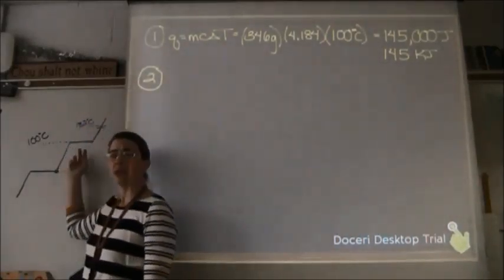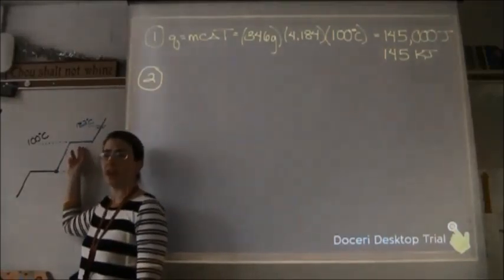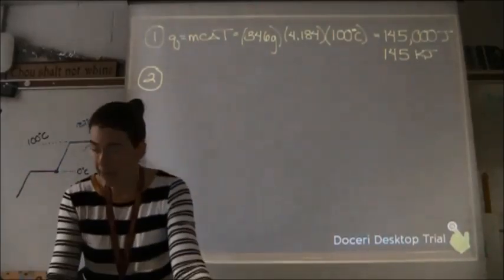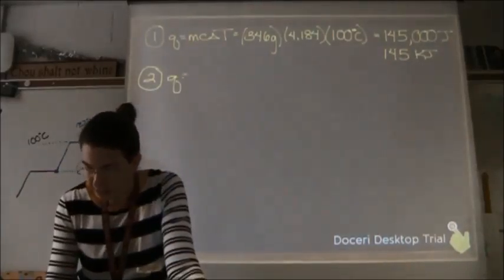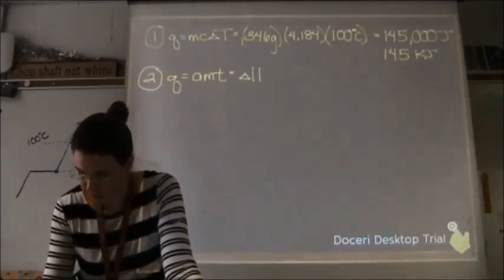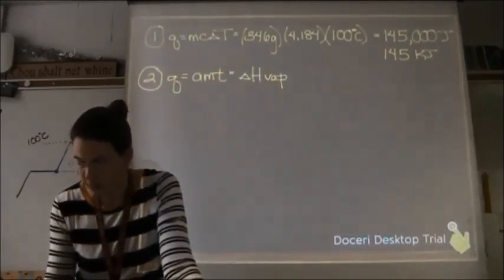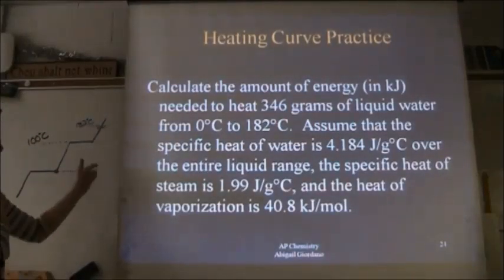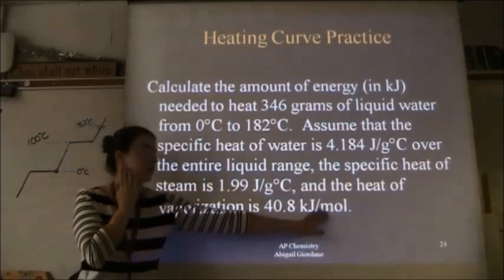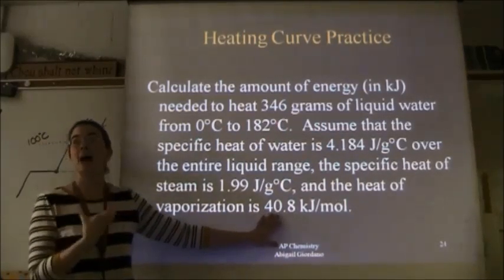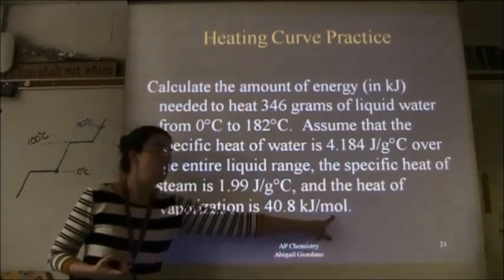What do I do to make my calculation for this second step? What's amount times? Okay, amount times the heat of vaporization, H-vap. Okay, well, let me just go back to the problem here. So let's find, here's our heat of vaporization. What do I want for my amount? Moles.